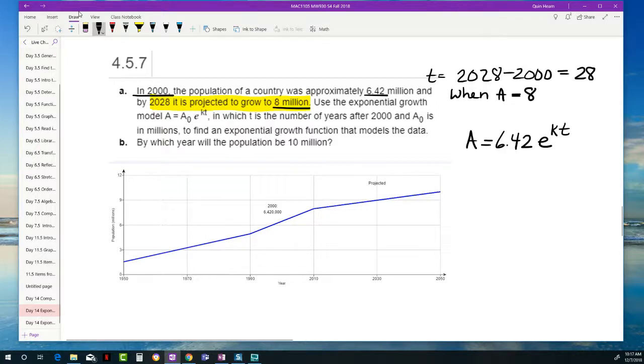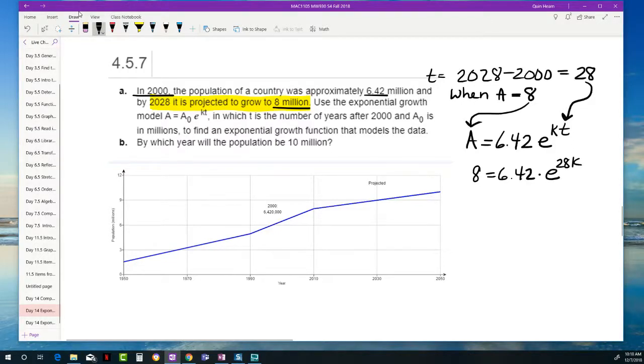So now what we can do is, if we plug in the 8 for A and the 28 for t, then we're only missing the value k, and we can solve for that value. We can find our growth rate. So we have 8 equals 6.42 times e to the 28k.